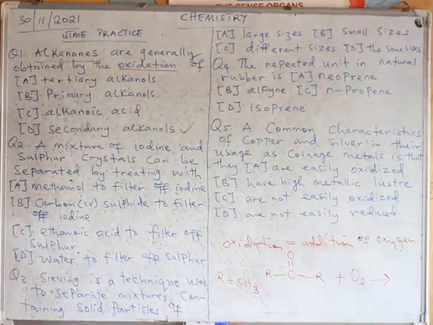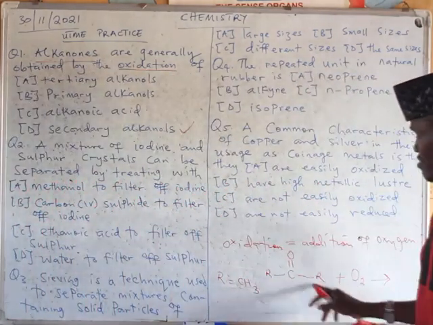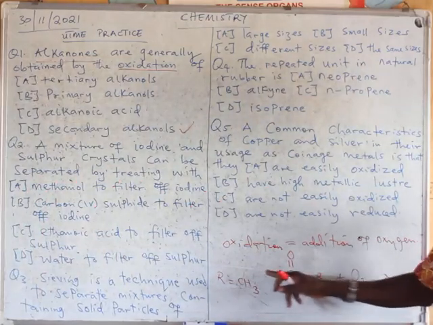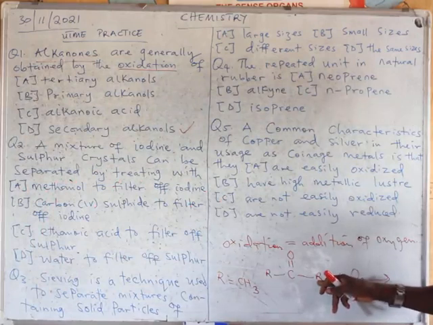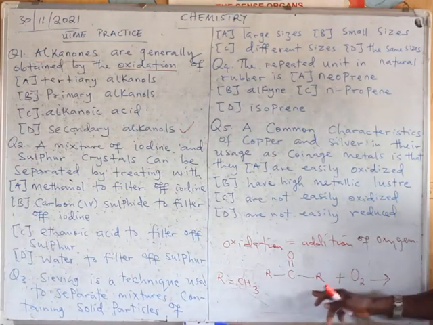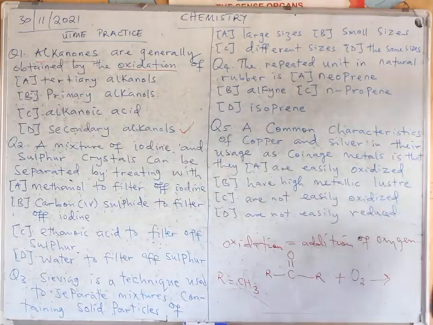How is this the correct answer? It is carrying 2R. So in this case, when you have two alkyl groups, you are going to have a secondary. Are we together? So when this oxygen comes, you are going to have secondary alkanol.